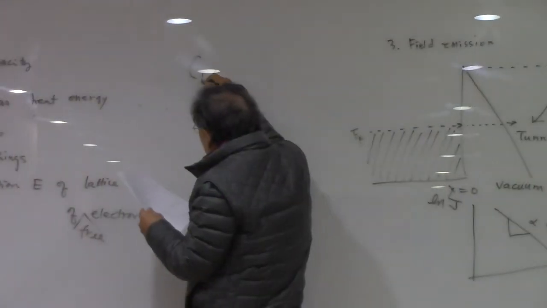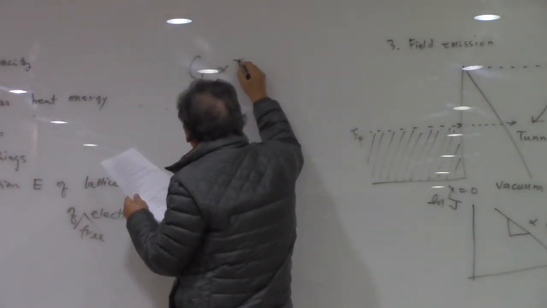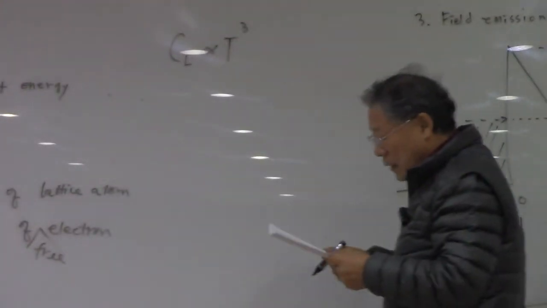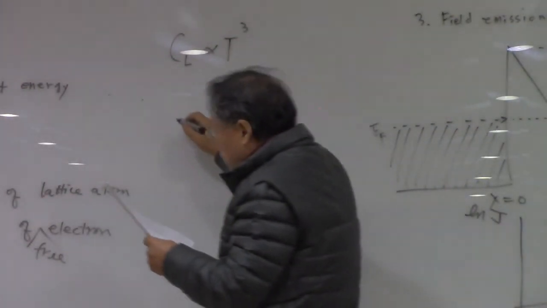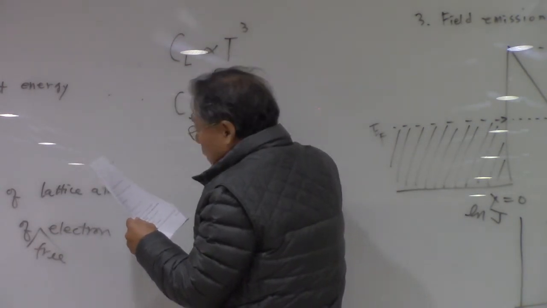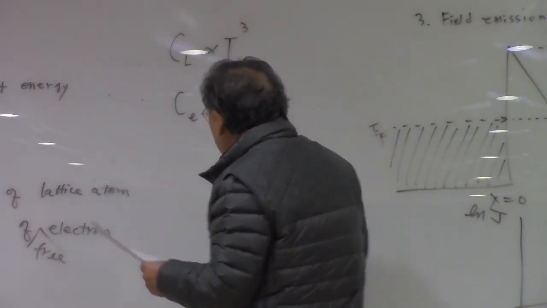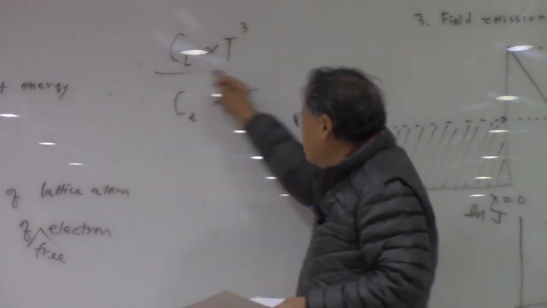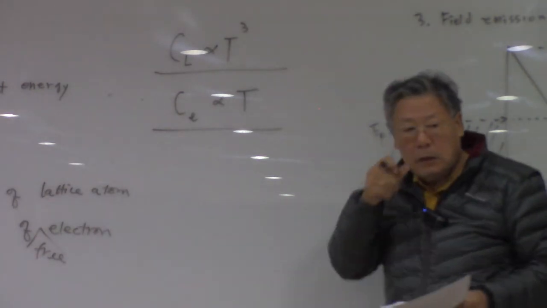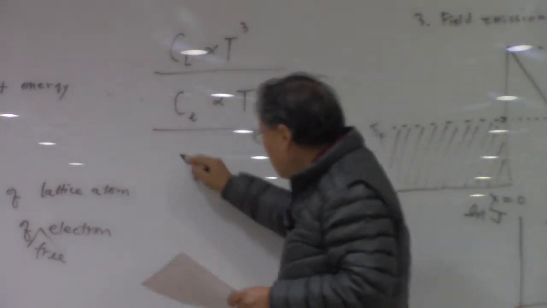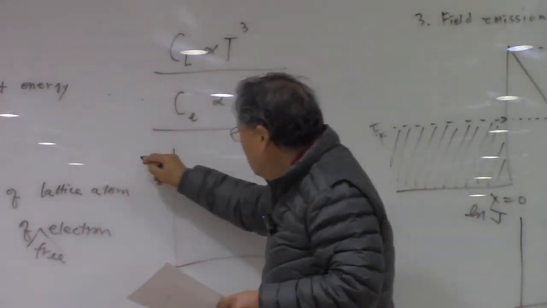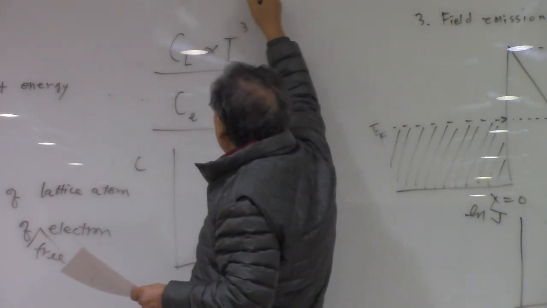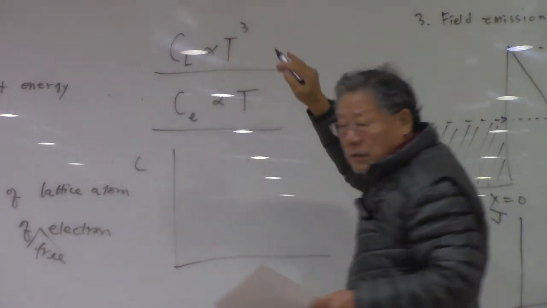The lattice contribution is proportional to T cubed, okay, and then the free electron contribution is proportional to T. So in a metal system, you have lattice atoms and electrons at the same time, so the total heat capacity is going to add those two things, right?